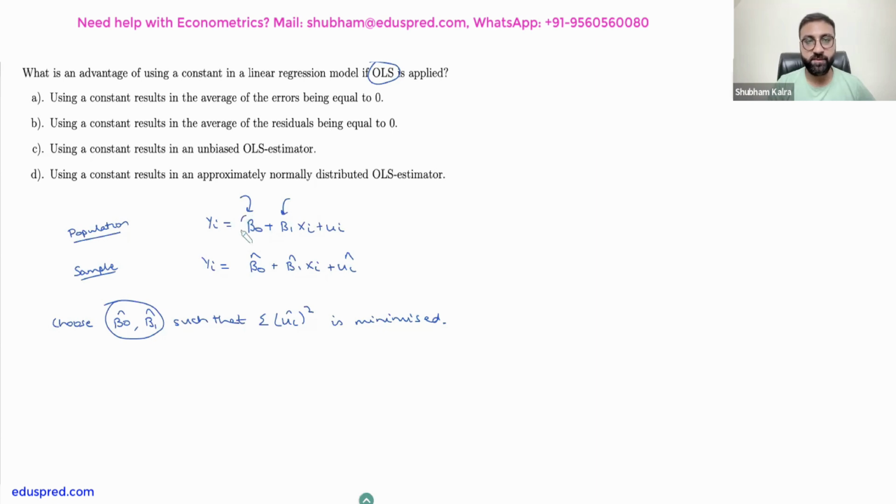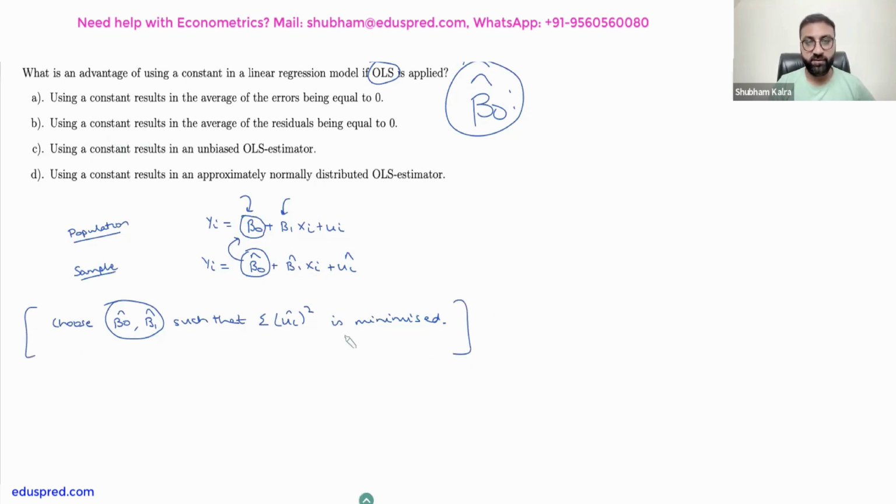Our focus is going to be on beta 0 because that's the constant. So beta 0 hat is the estimator of beta 0. And now we are going to see what needs to be done if you want to figure out an estimator of the constant term. So if you want to figure out beta 0 hat, which is an estimator of beta 0, the entire attention is towards the constant because the question relates to the use of the constant in the model. So now let's see how we can do it.